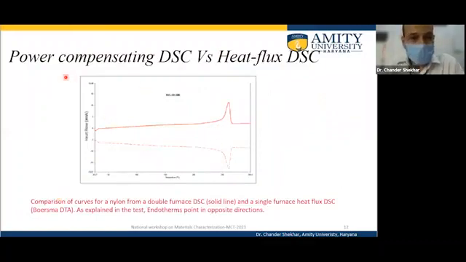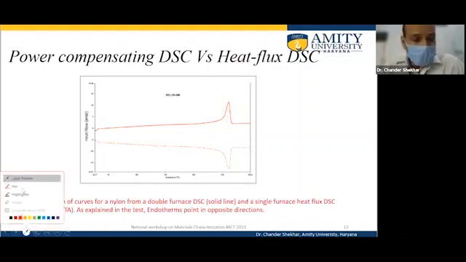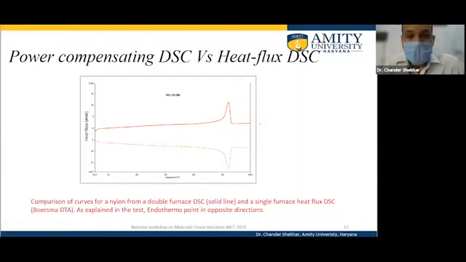If we look at the output from the power compensating and the heat flux DSC, as we discussed, the thermograms generated from the heat flux DSC and the power compensated DSC have opposite signatures. Though the two events are similar, you can see the heat flow is positive for one and negative for the other.